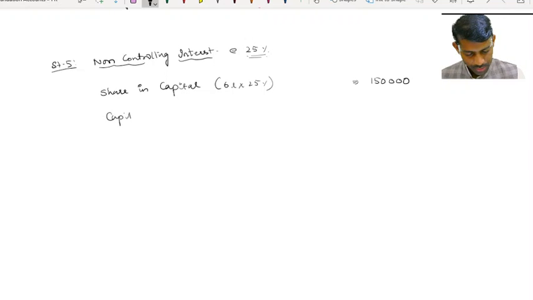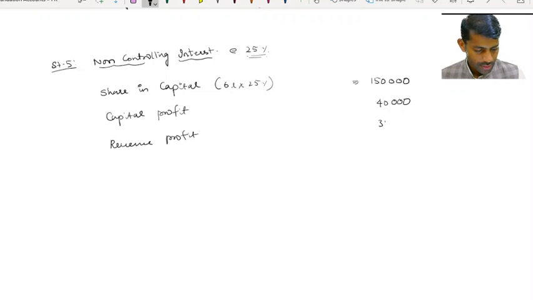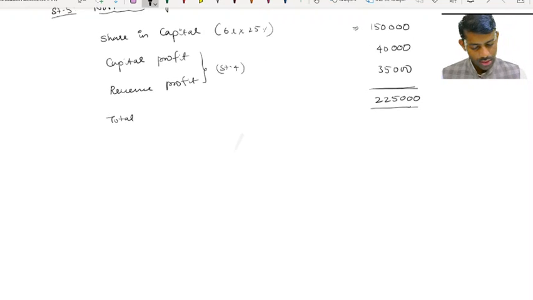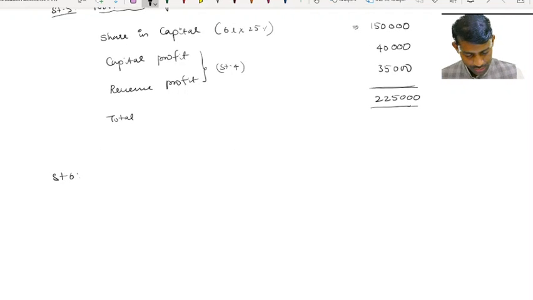Next, capital profit 40,000, revenue profit 35,000. These two are from step number 4. In this problem also, preference shares are not there, so only the equity share portion, the outside equity shareholders, is called non-controlling interest. Therefore the total is 2,25,000.